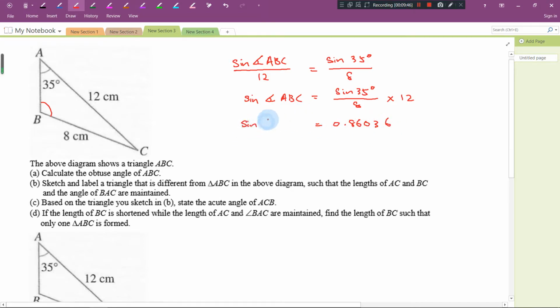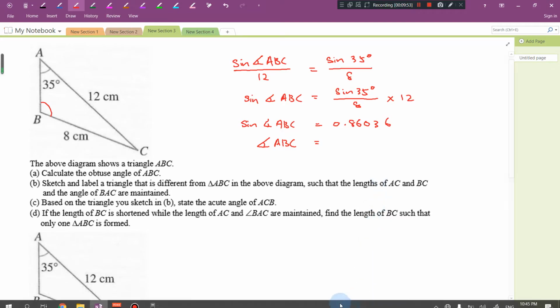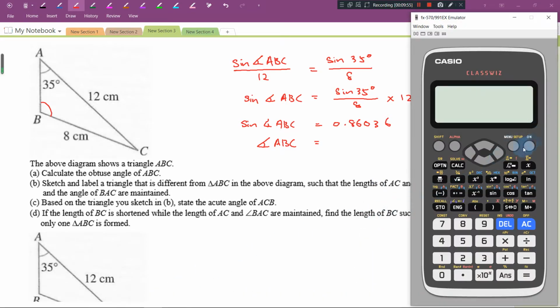So this is equal to sine of angle ABC. If I want to get angle ABC, I have to press shift first, then sine, then 0.86036.